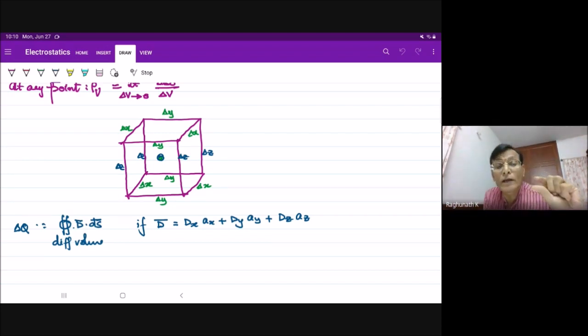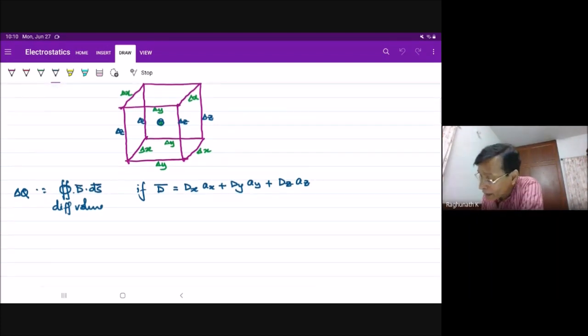Because the differential surfaces are all small, no integration is required. If I know the flux density there at each and every face, the normal component of the flux density multiplied by that area is the integration for me. I need not integrate, right? Because there are differential surfaces only. D bar dot dS bar is equal to the integral over this closed surface.